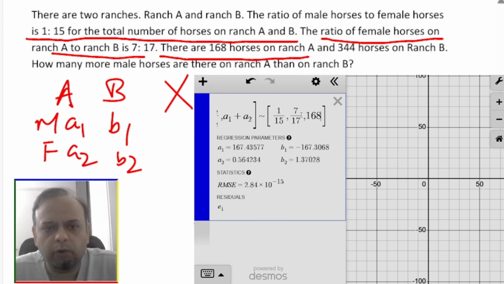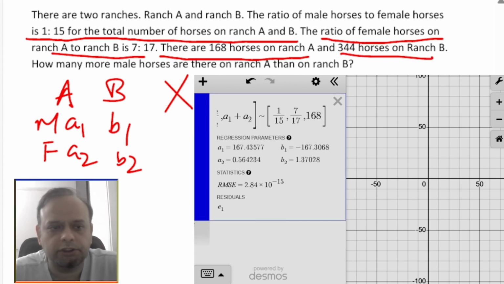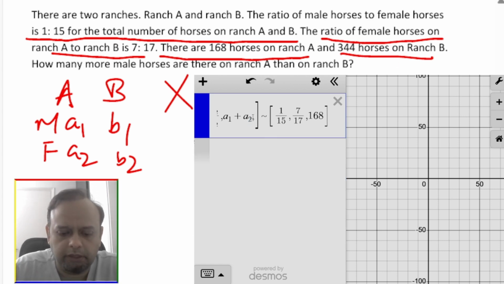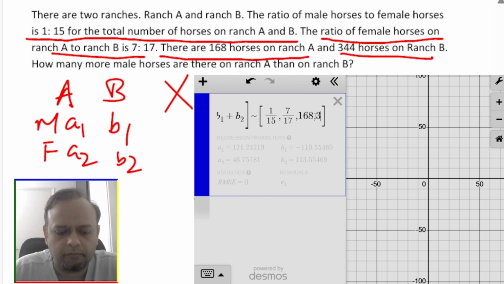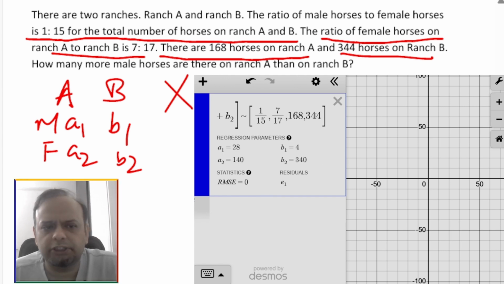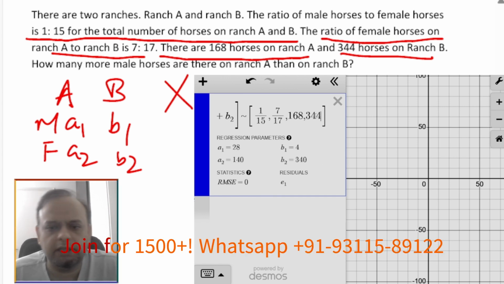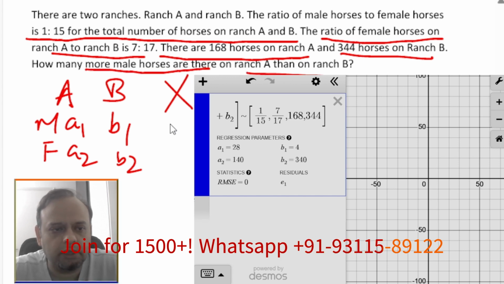Okay, and we know one more thing, which is 344 horses on ranch B. So B1 plus B2 is known to be 344. Okay, no rush, we just put everything in. We know what A1, A2, B1, B2 are, got everything. Let's see what the question is asking us. How many more male horses on ranch A than on ranch B?